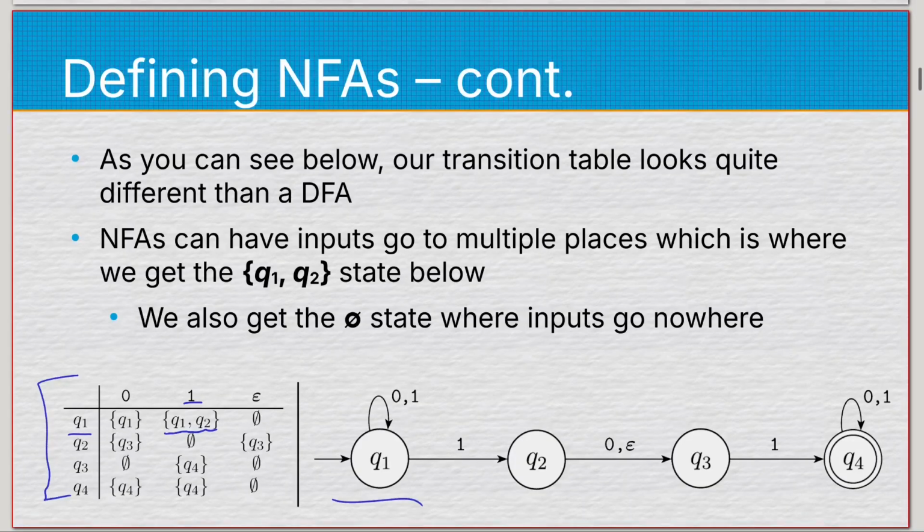And also it can go to a null state, which is not going to be present because we just don't write those out in NFAs. You'll see that this becomes its own actual state when we do the DFA conversion process. So if it doesn't go anywhere, like if we go to Q1 and try and do an epsilon transition, there's nothing there. If I go to Q2 and try and do a 1 transition, it only has 0 and epsilon. It doesn't go anywhere.